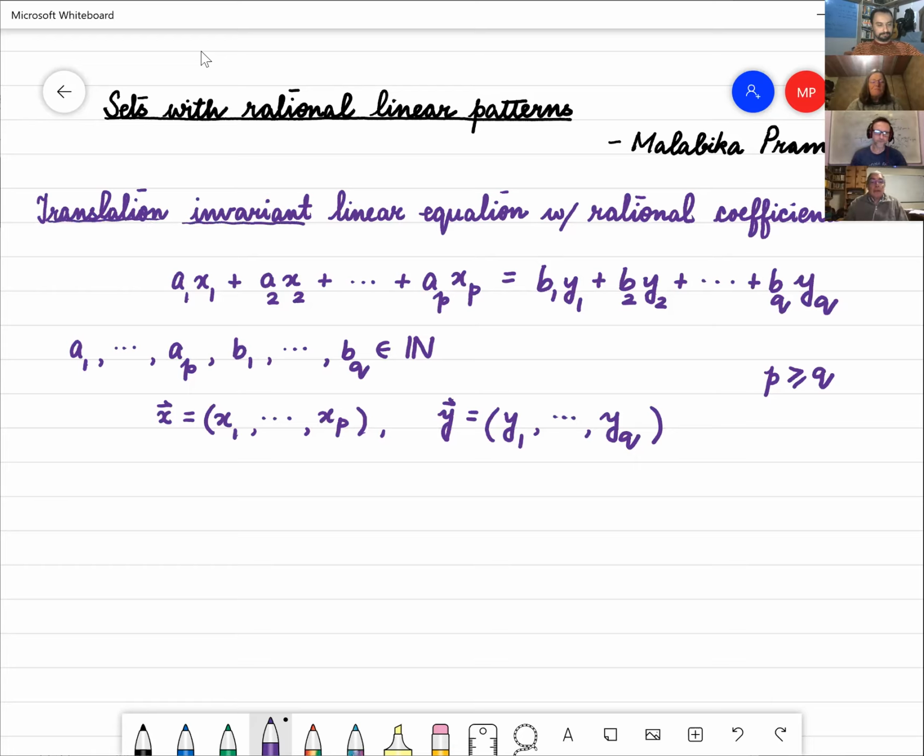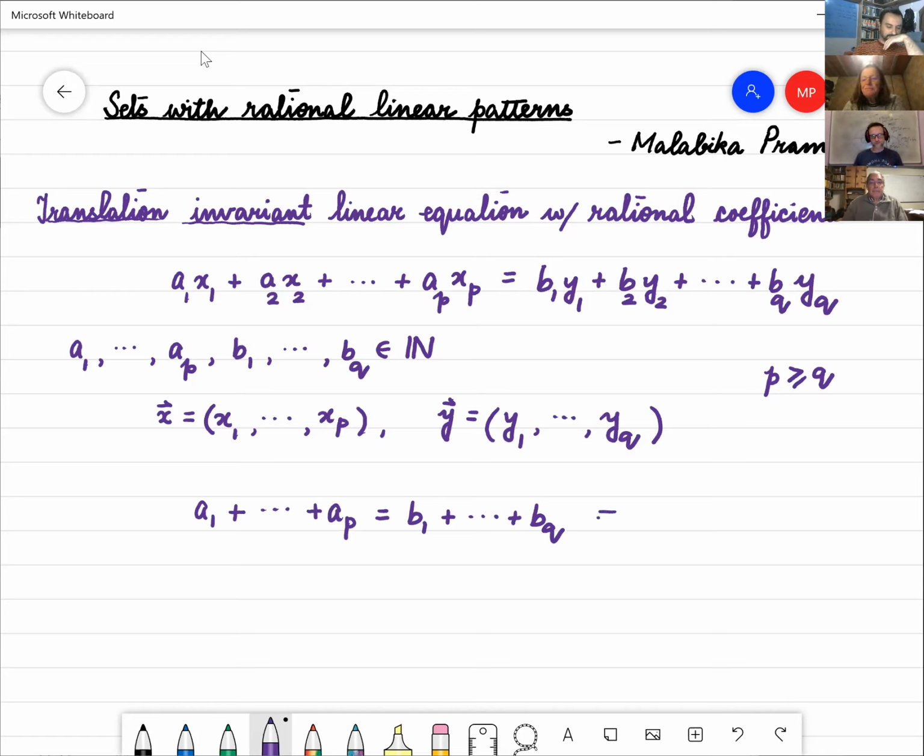Well, this is a condition that we will always impose, which is that the sum of the a's, a1 through ap, equals the sum of the b's, b1 through bq. And I'll explain in a moment why this condition is a good one to have.